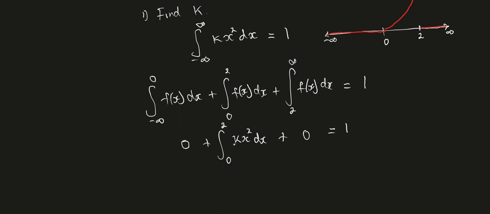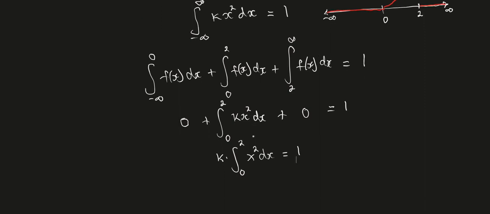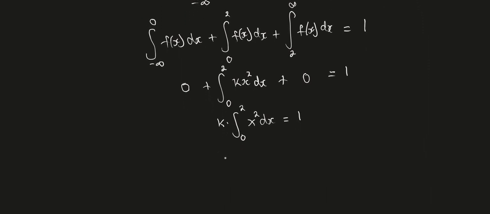What makes this a valid PDF, right? Well, we have the property of integrals that allows us to take out the constant, so I can factor out the k, and then I have the integral from 0 to 2 of x squared dx, and then that has to be equal to 1. And then, yeah, this is our basic power rule antiderivative.